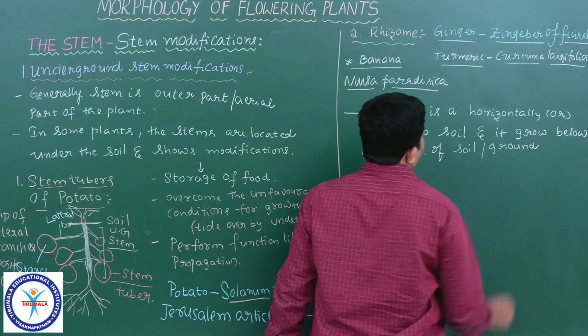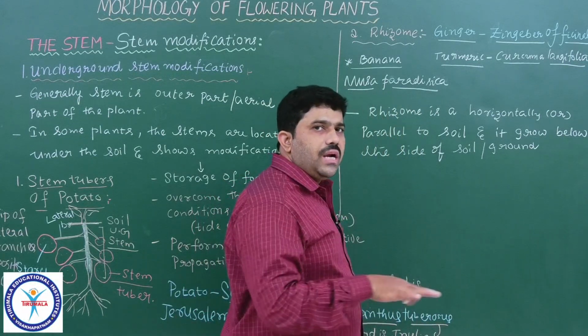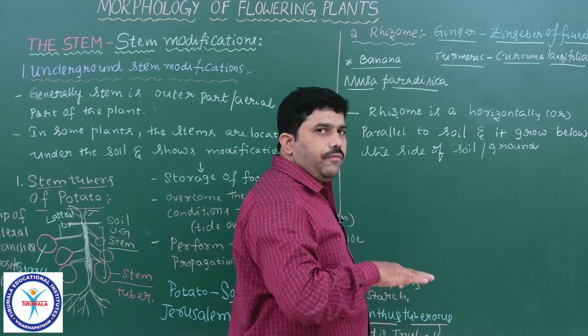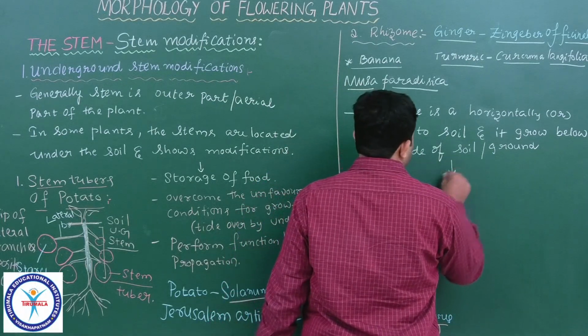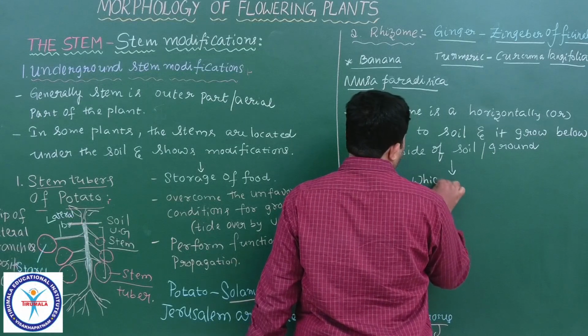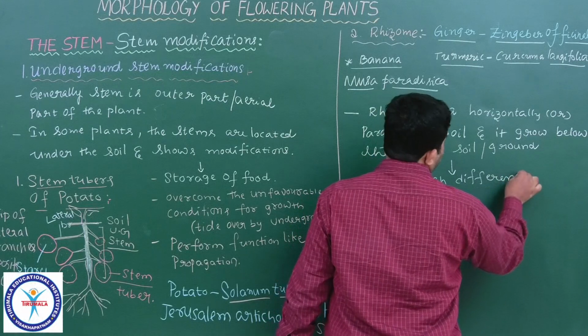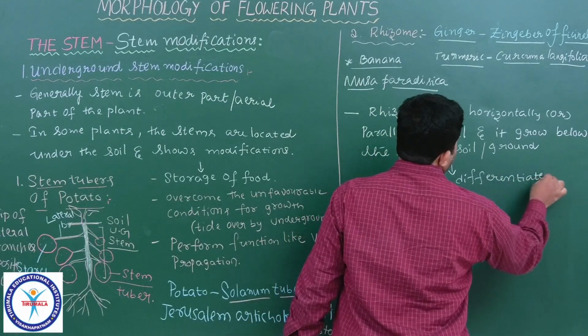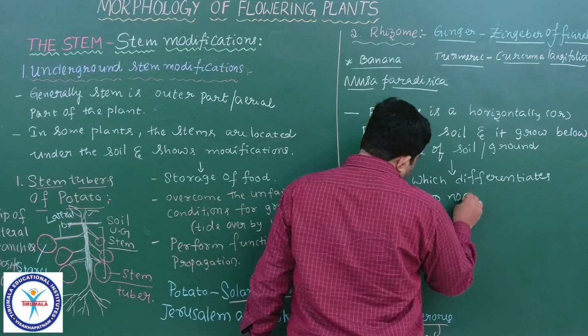It grows horizontally as a flattened structure which is differentiated into nodes and internodes.